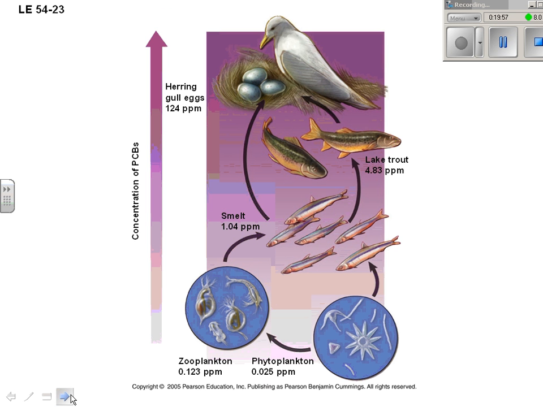If we look at this chart, if we dump a bunch of toxins in the water, the phytoplankton take in very small amounts. The zooplankton eat more than one phytoplankton. They might eat 100 or 10, and now they have 10 times the amount of that toxin in their tissues. A smelt might eat 10 of these, and now it has 10 more times because those toxins don't go anywhere.